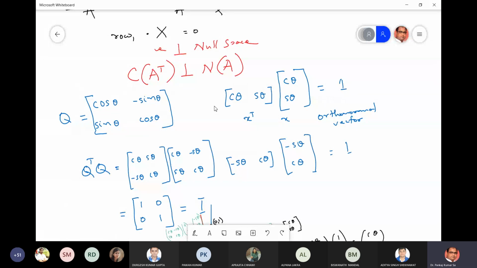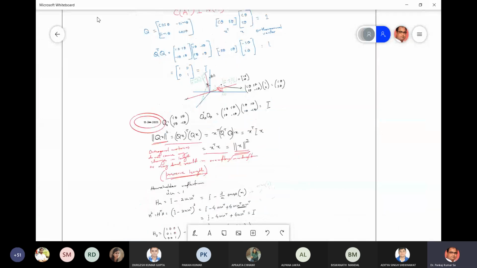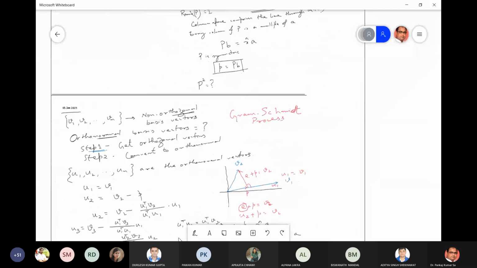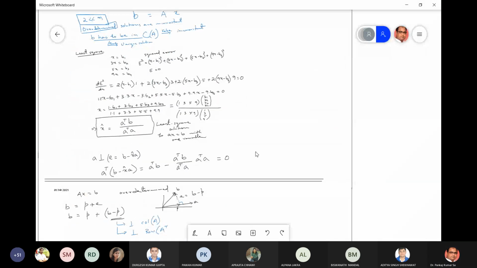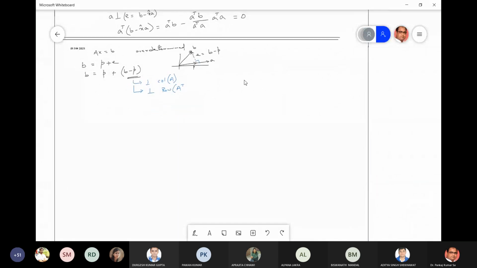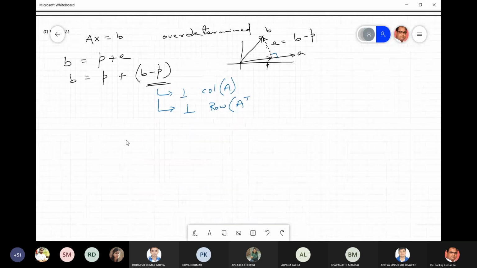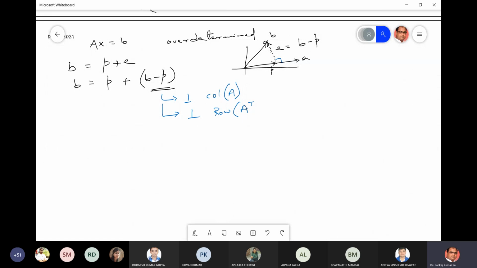So we can utilize that same thing here. If this error vector b minus p is orthogonal to the row space of A transpose, that means this particular vector is in the null space of A transpose.